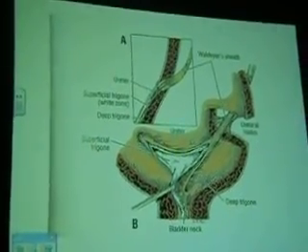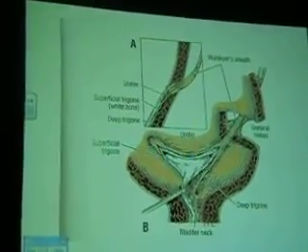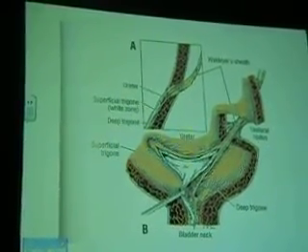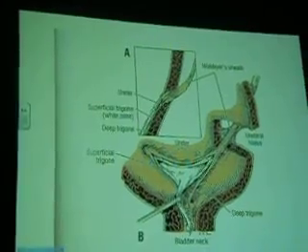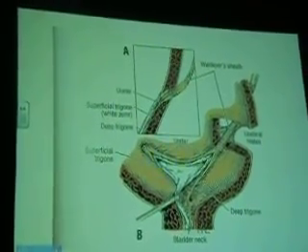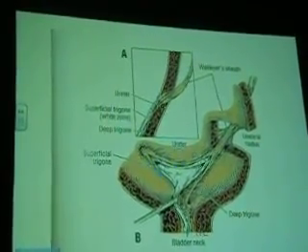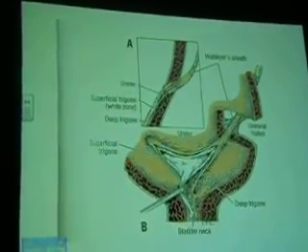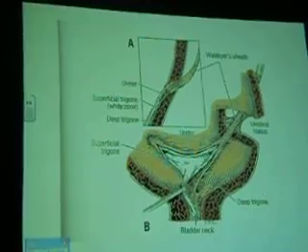And it is believed that it's the superficial trigone that gives rise to this urethral crest. Okay? In you ladies, because the urethra is much shorter than ours, the superficial trigone extends all the way towards the end of the urethra.